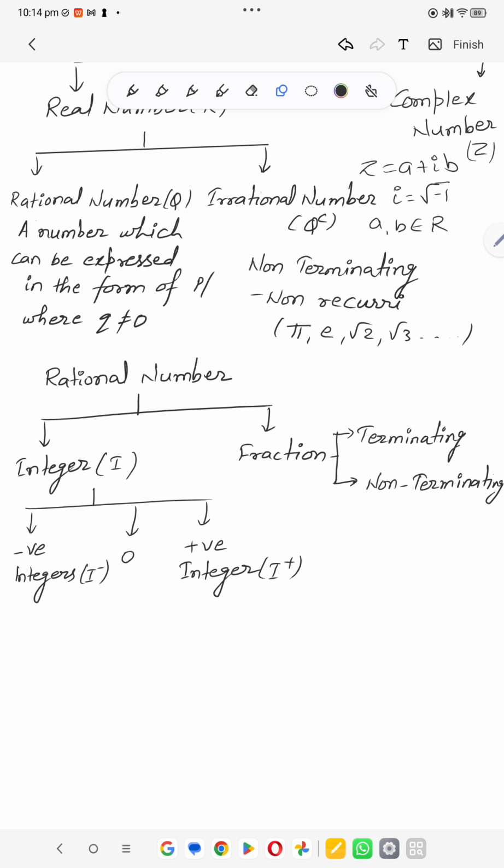Now combining 0 and the positive integer, we term it as whole number. It is denoted by W. And only the positive integer is known as natural number.